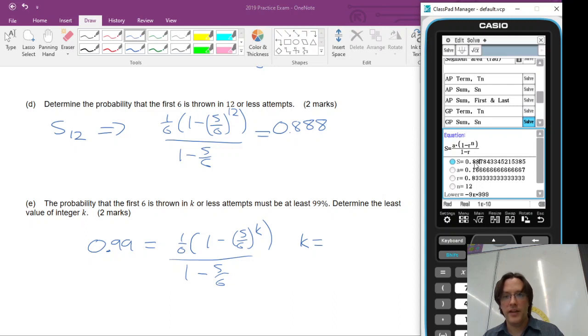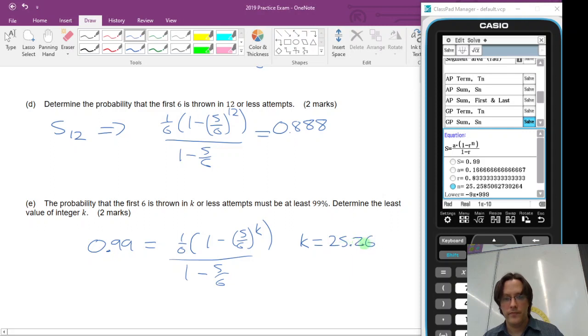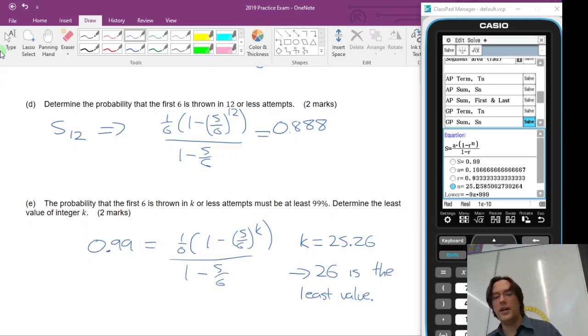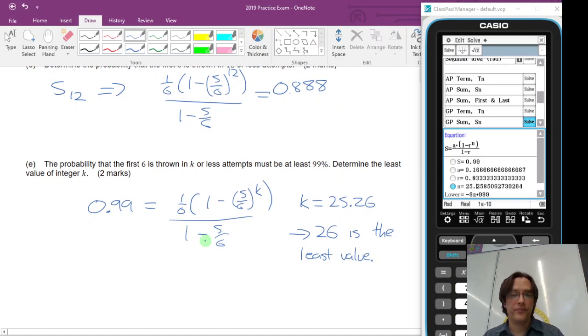We want to find n when that's equal to 0.99. Solve that: 25.25. We want to round that up. So recognizing that we need to round it up is probably where we get that. And I've got k equals 26 on there, and so that's the correct answer there.